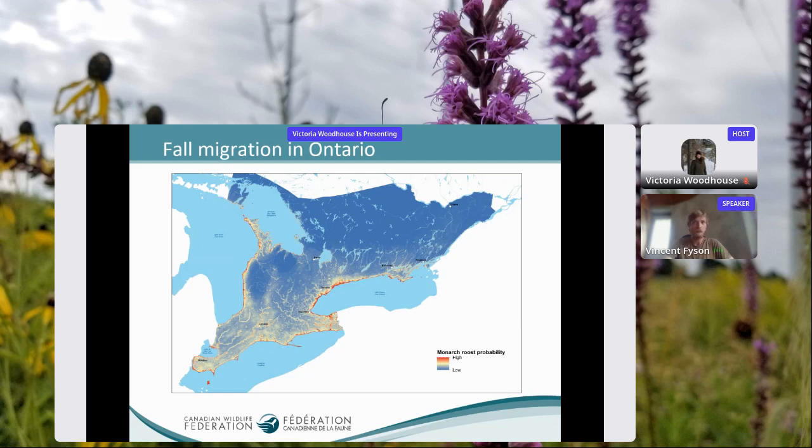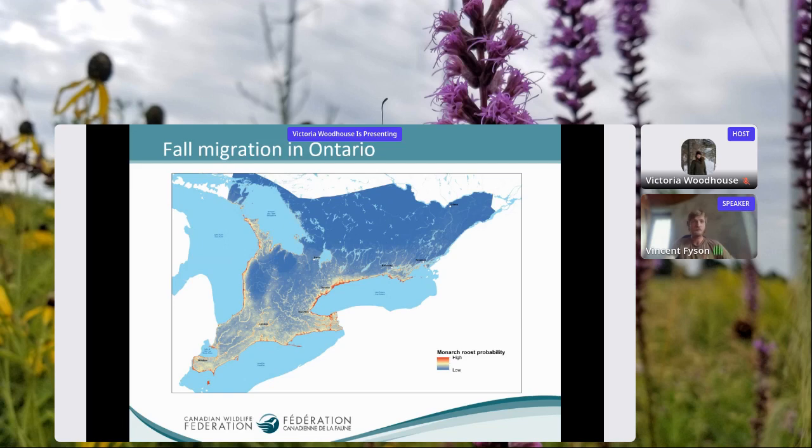But it can also be used to look at how future landscape changes will affect monarch roost occurrence at specific locations or across a specific landscape. So there is some predictive ability too, where you can look at an area, you can see what the landscape features in that area are. If we change some of those landscape features, how does it change the probability of monarch roost occurrence?